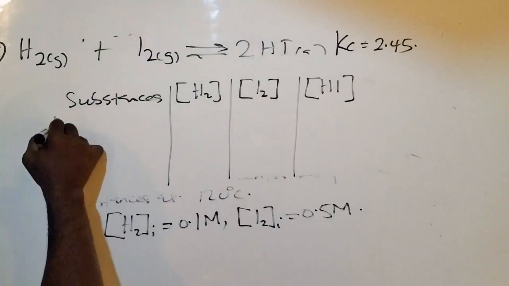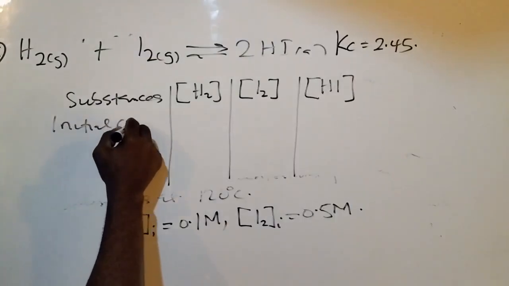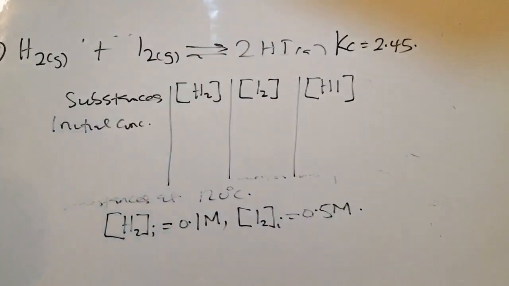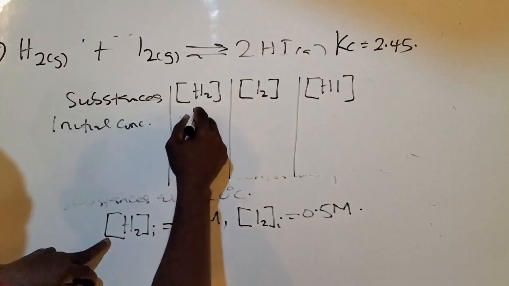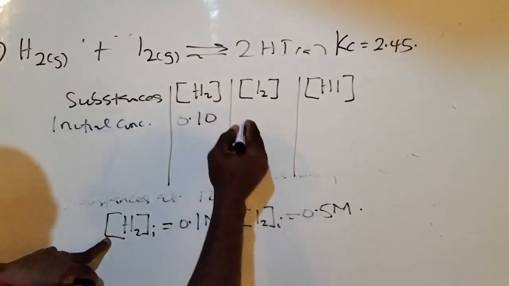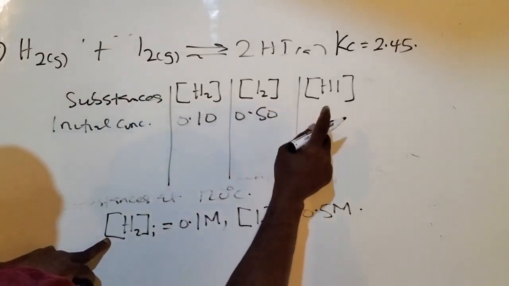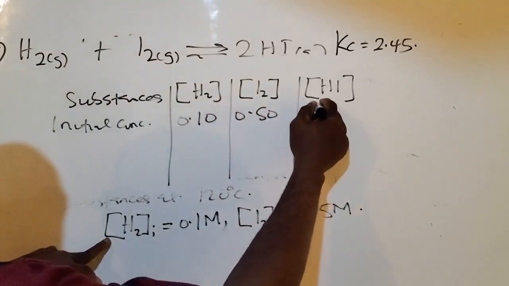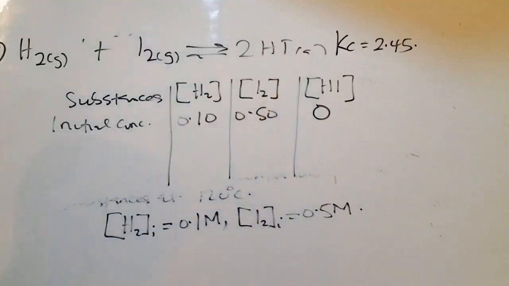The initial concentration means the amount present before the reaction commenced. So hydrogen is 0.1, iodine is 0.50. This one is 0 because before the reaction commenced, the product was yet to be formed. So there was no product initially.